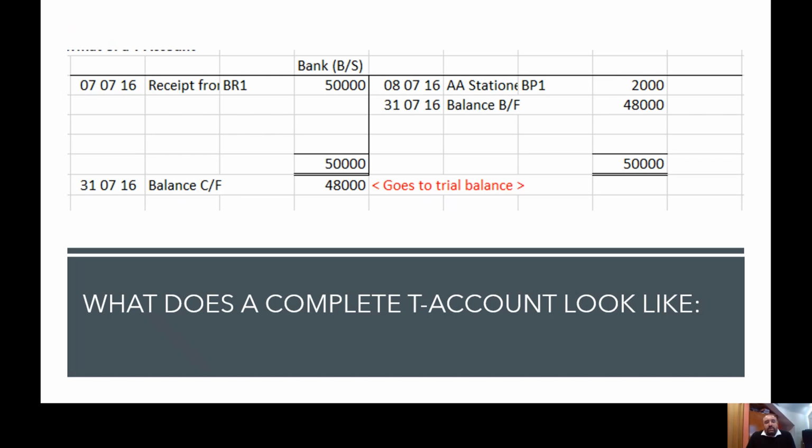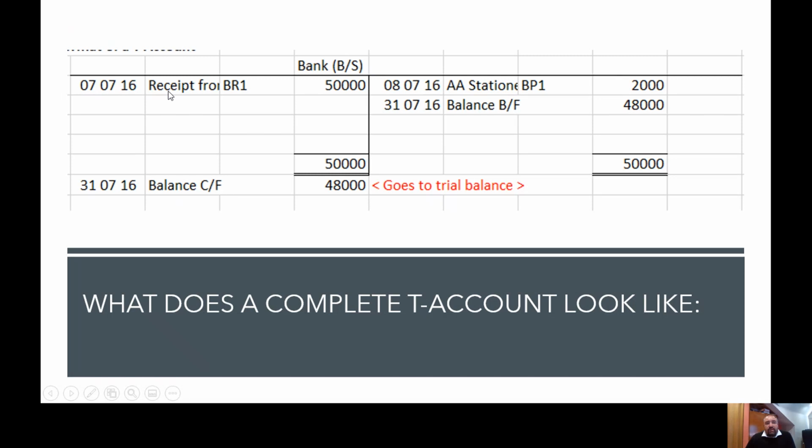Okay, so I've just got an example here to show what a complete T account looks like. When you answer your assignment questions, it's very important that you use the T accounts in the way that it should be. So it has to firstly have a date.